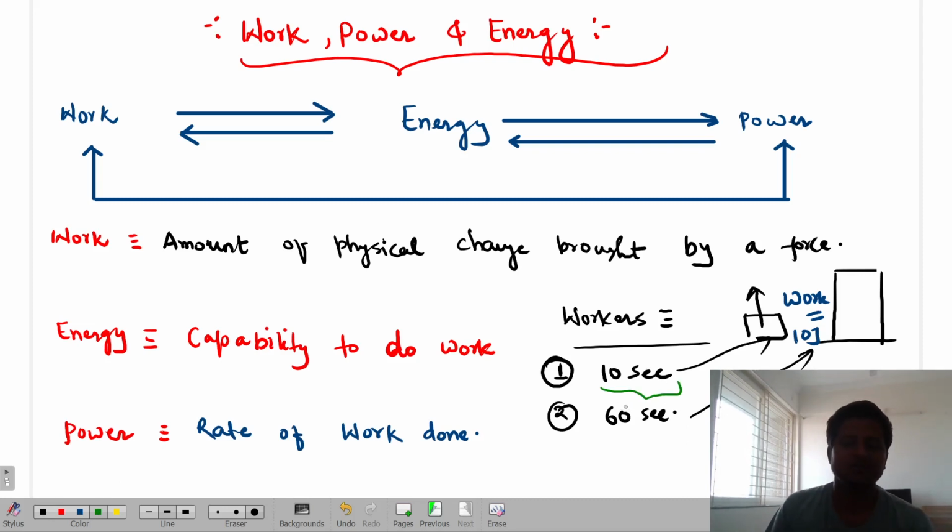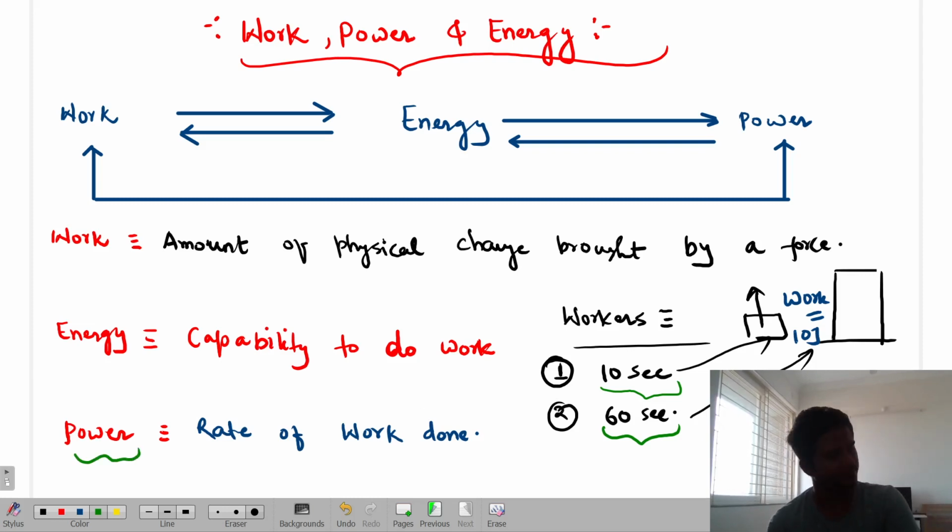So this 10-second one is going to do more work in less time, while the other is going to do very less work in the same time, isn't it? So the connection between this, the rate of doing work, was defined as power. Are you with me? Is that clear? Are you able to understand me?